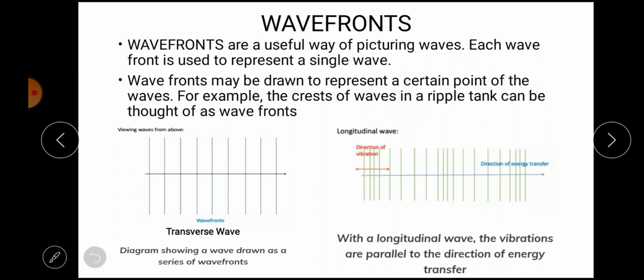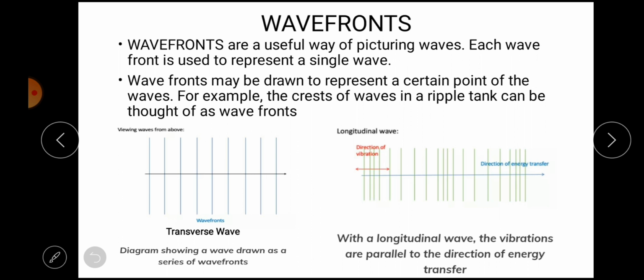This diagram shows a wave drawn as a series of wavefronts. So here is a wave. This could be a longitudinal wave or even a transverse wave. If we were having water waves formed maybe using a straight ruler, those waves are going to be moving from one end to the other end.